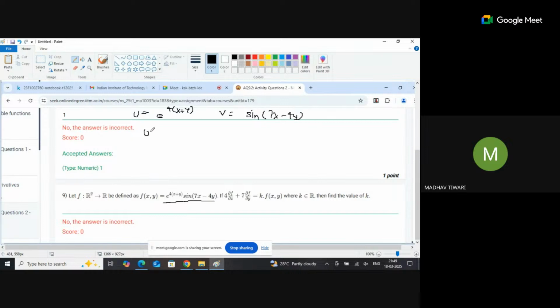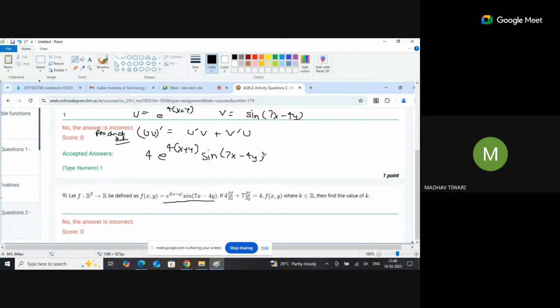So if I have to find out derivative of uv, it will be u dash v plus v dash u. Means firstly find out first function derivative, then multiply second. Yes, sorry, it is plus, product rule. So if I find out derivative of this one with respect to x, what I will get is e raised to the power 4x plus y times 4, and then multiply by v, exactly same, sine 7x minus 4y.